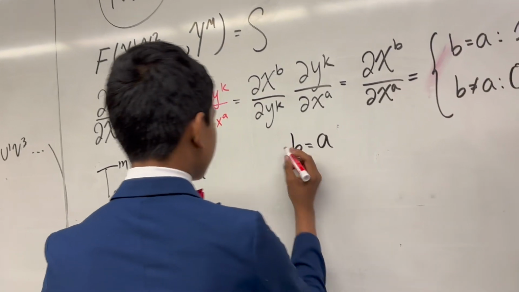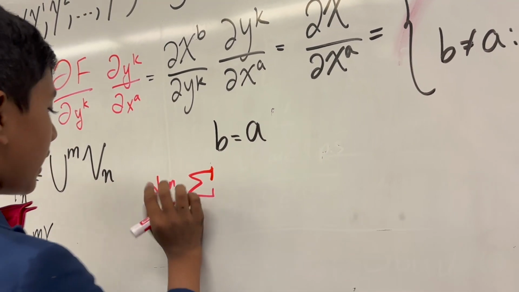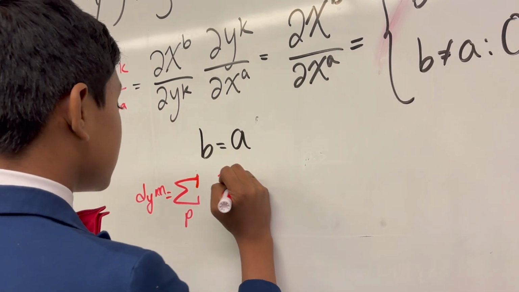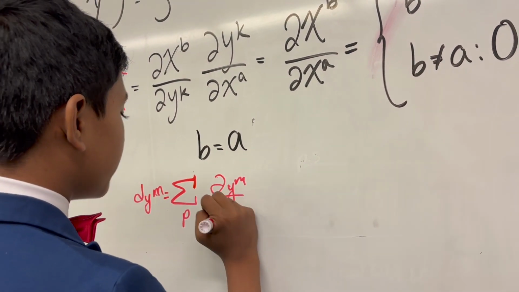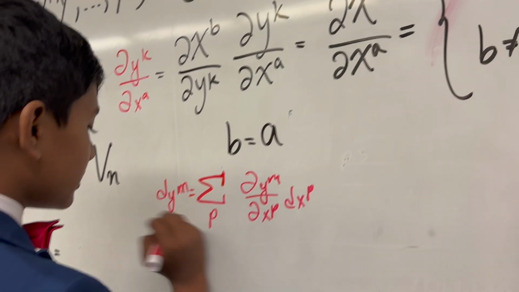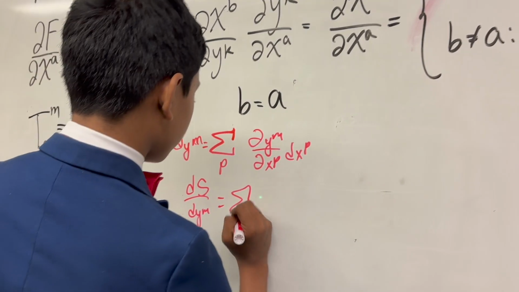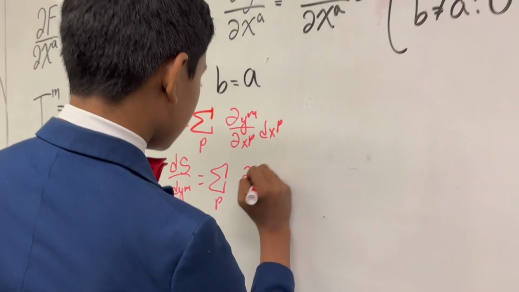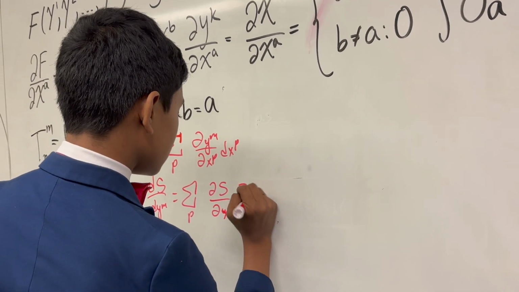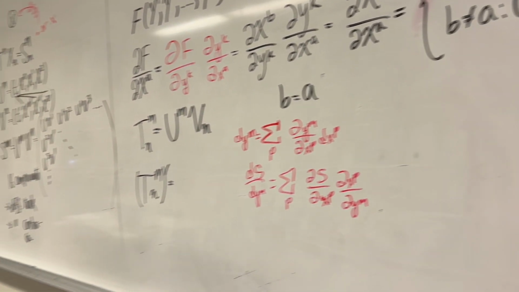Okay. So we know the transformation rules for contra. We know dy m is going to be equal to, we sum over p, partial y m partial x p dx p. And then we know the same thing for co. So now let's actually do this.